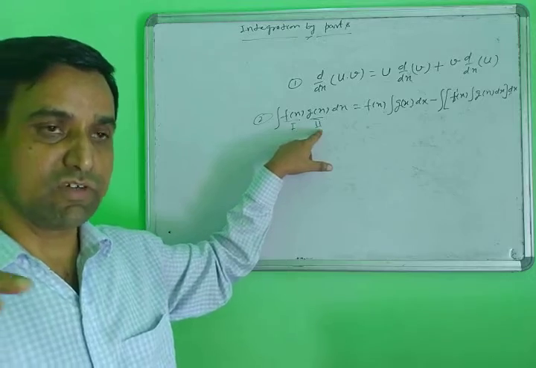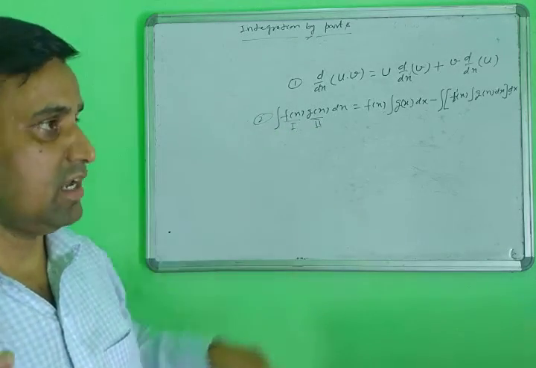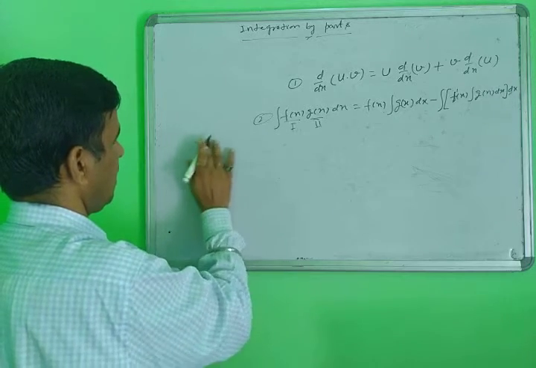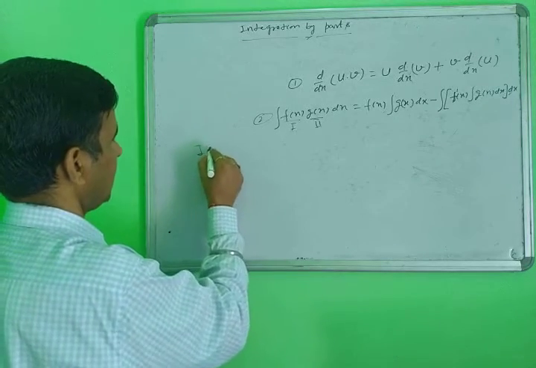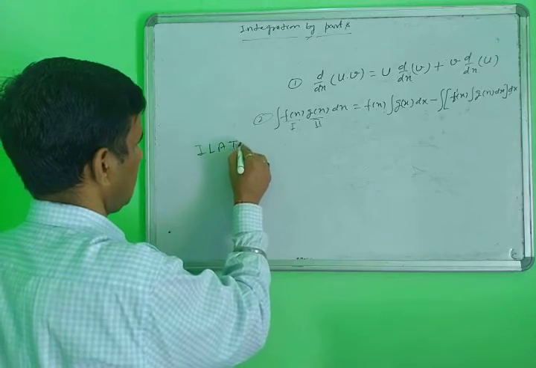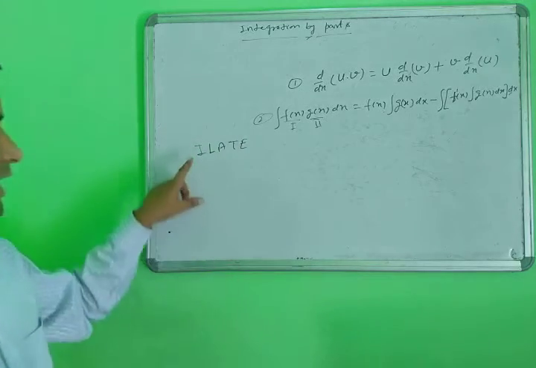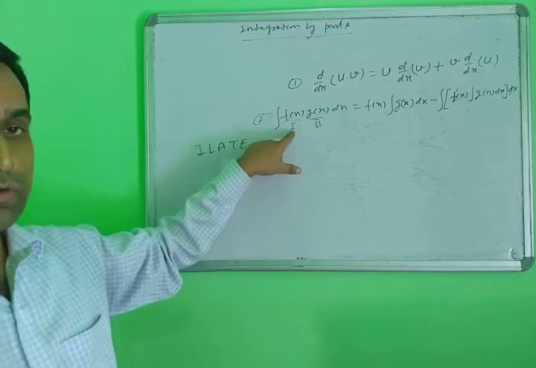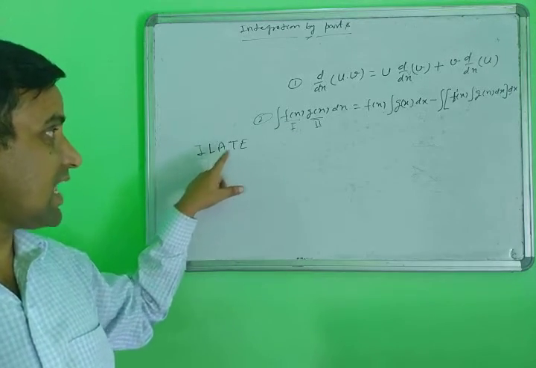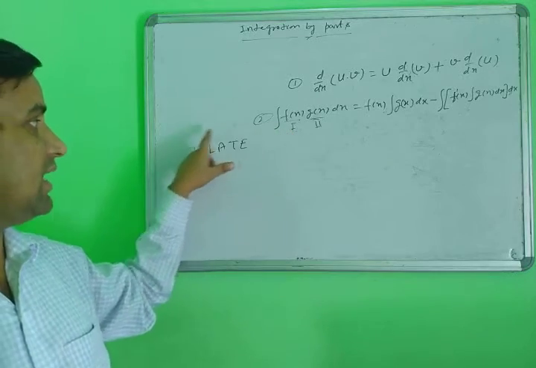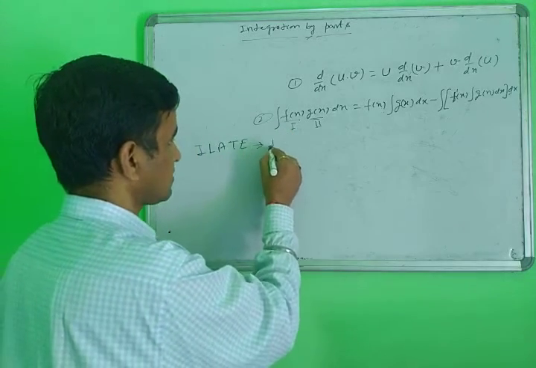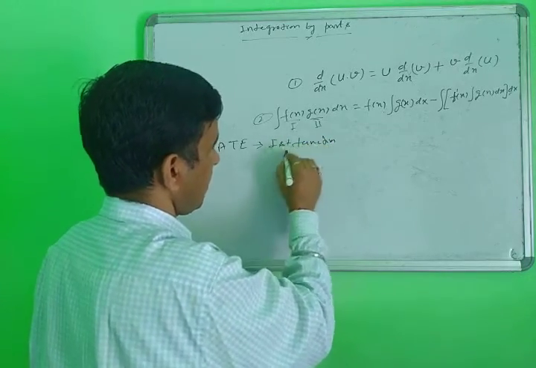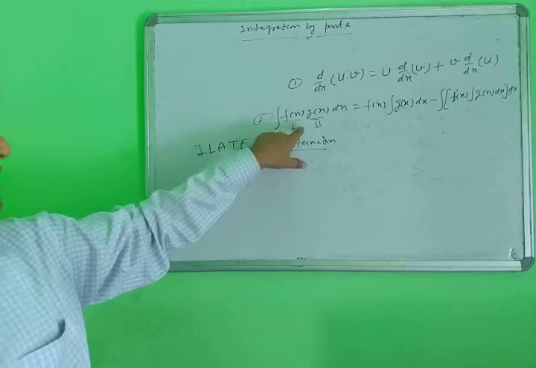Which function will you take first and which will you take second? According to this rule, you will apply the ILATE rule and then choose. Then you will select the first function. The ILATE rule selects the first function.